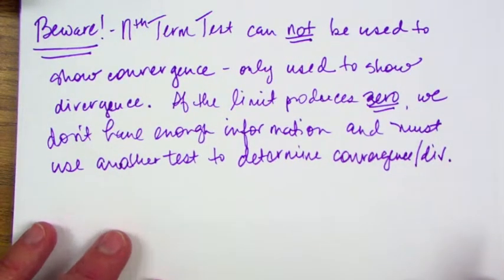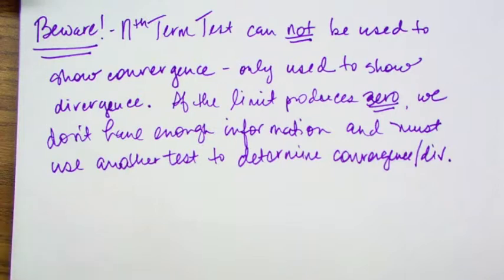If the limit produces a value of 0, we don't have enough information and must use another test to determine convergence or divergence.